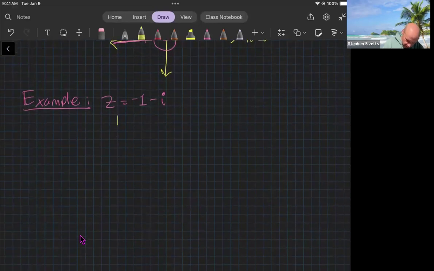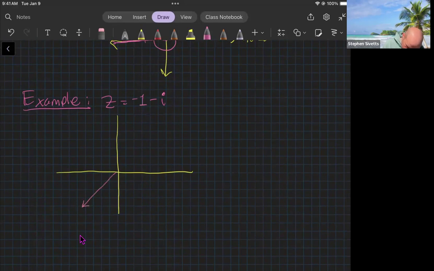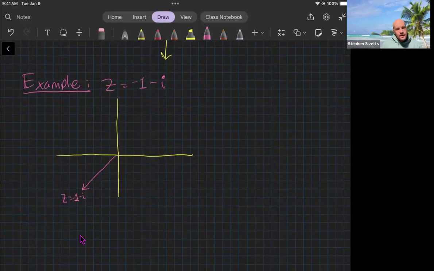So that complex number corresponds to a vector in the third quadrant. So it's down here, right? So z right here, minus 1 minus I, right? And so what we want is the principal argument of this complex number. So our range is from minus pi to pi, okay?